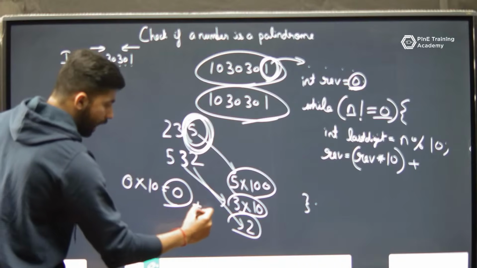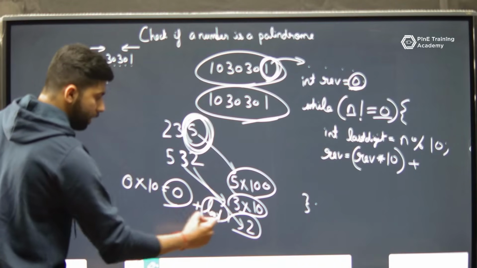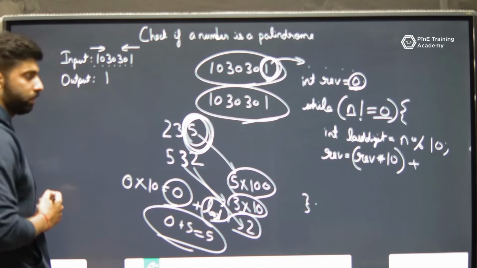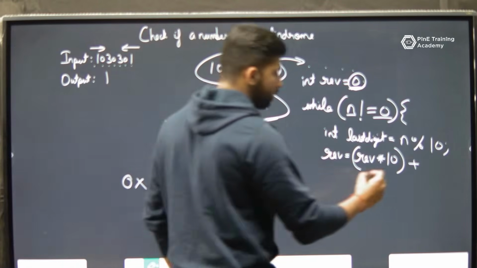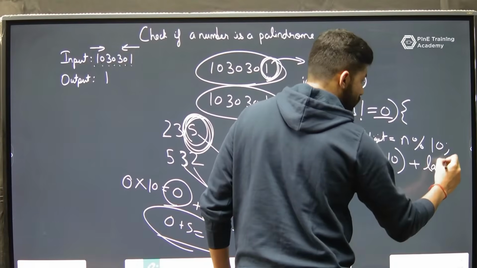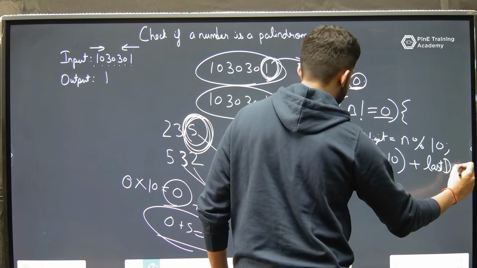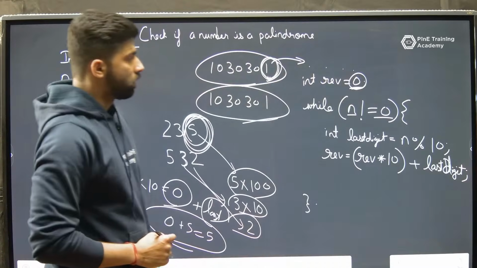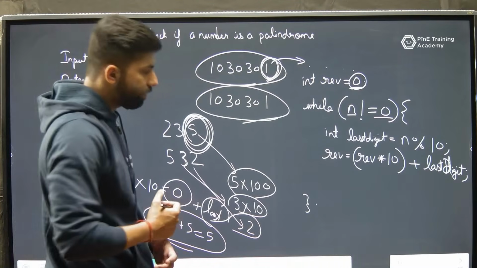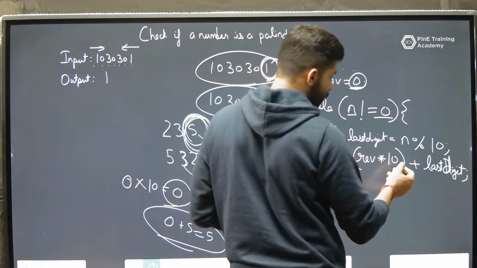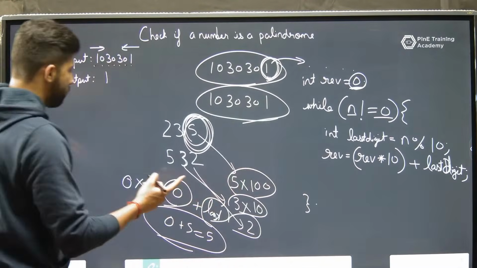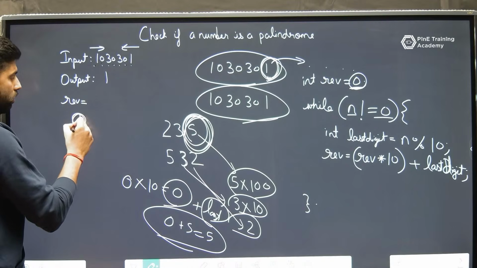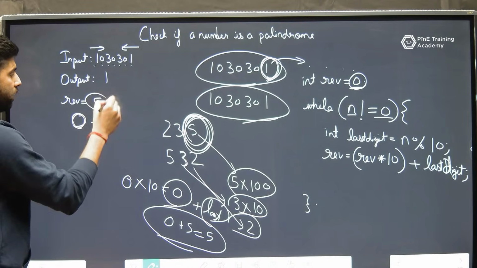I just need to add my last digit here, so 0 plus 5 will become 5.